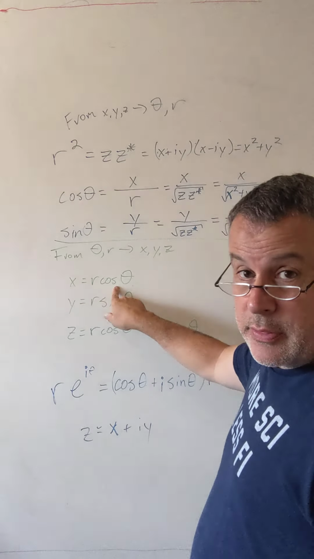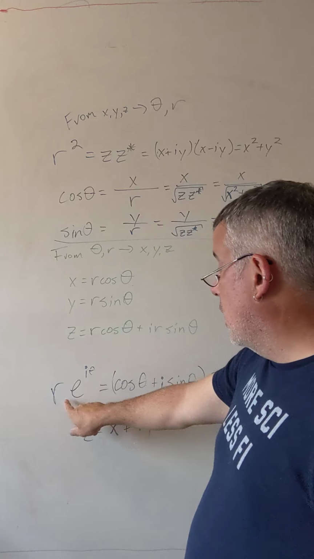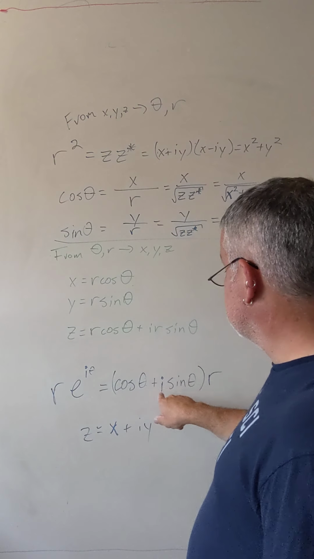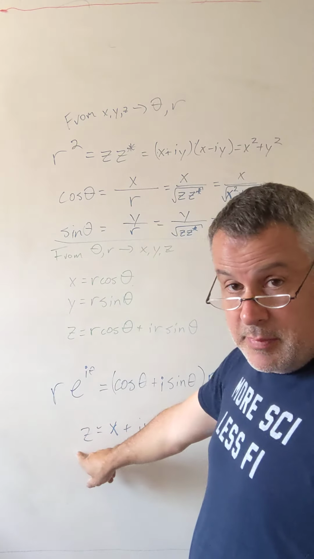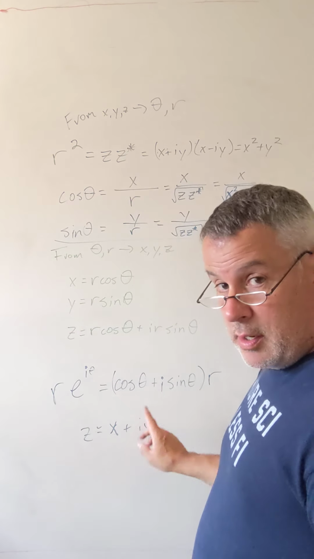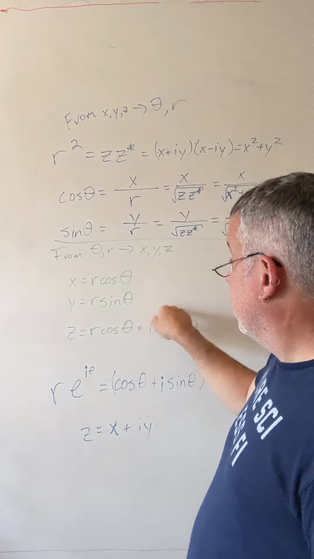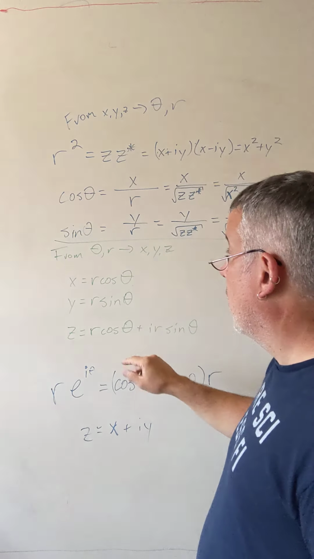X equals r cosine theta. Then we take the imaginary part of this, which is r times i sine theta, and we set that equal to the imaginary part of z, which is i times y. Both sides have an i in it, so y equals r times sine theta. That's the direction to go that way.